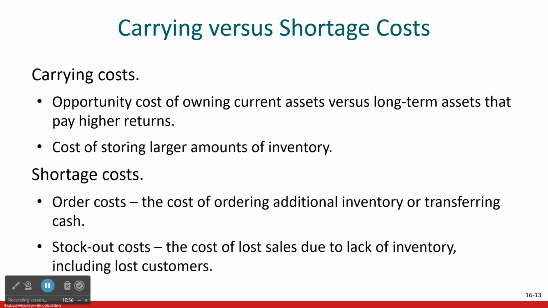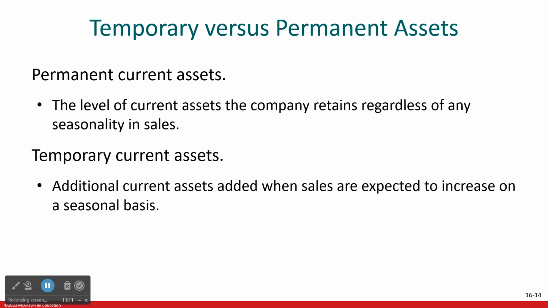There's more transferring of cash, and the issue of lost customers, which, if I had to pick which evil I wanted to put up with, I would much rather deal with carrying costs than with shortage costs as a business manager.